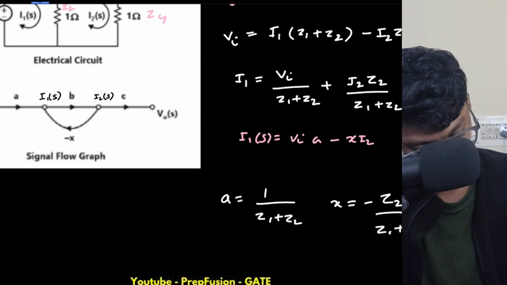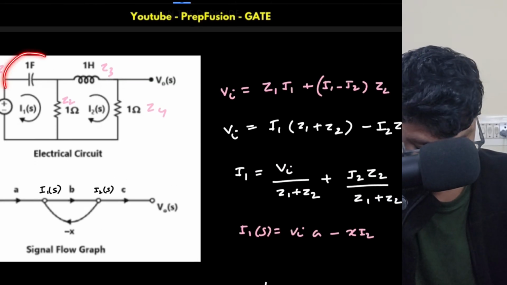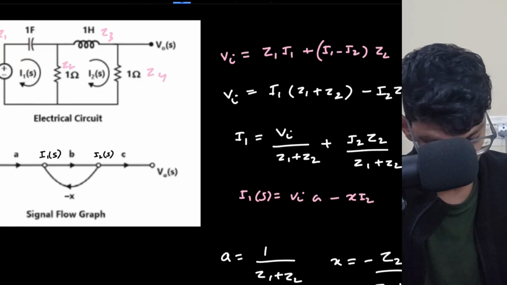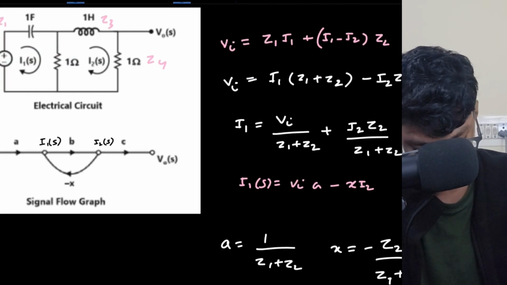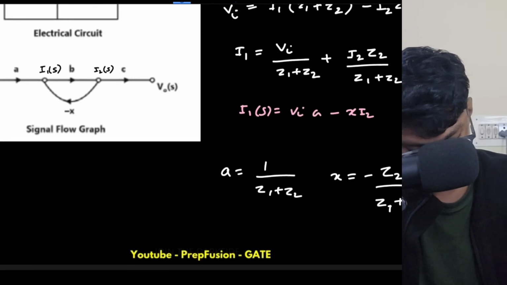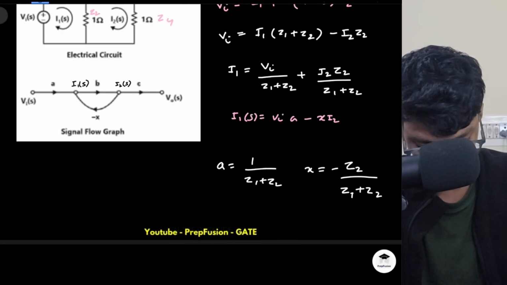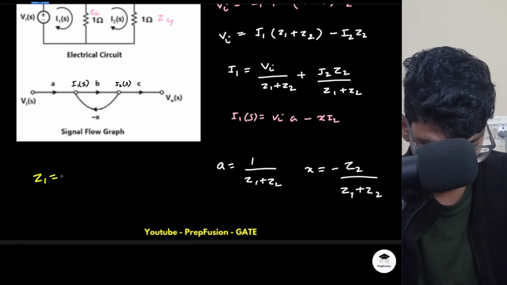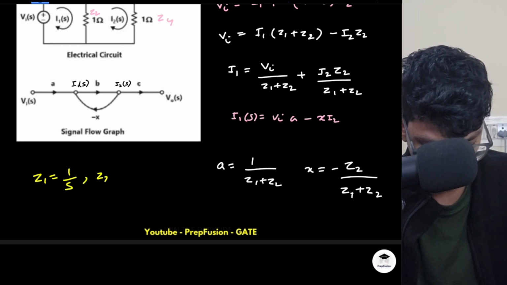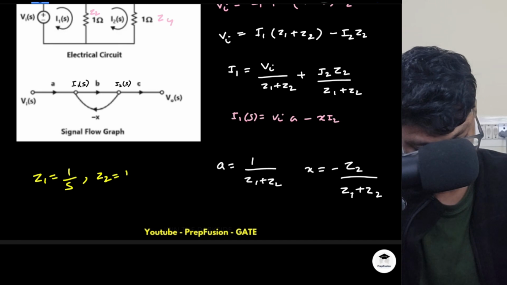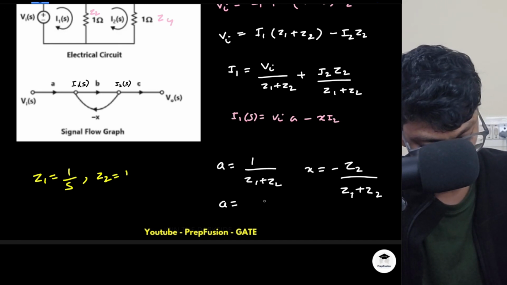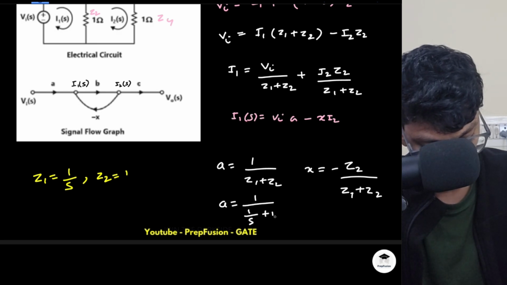So what was my Z1, Z2 initially? My Z1 is 1 by CS, that is 1 by S, and Z2 is simply 1. So my A will be 1 divided by 1 by S plus 1.